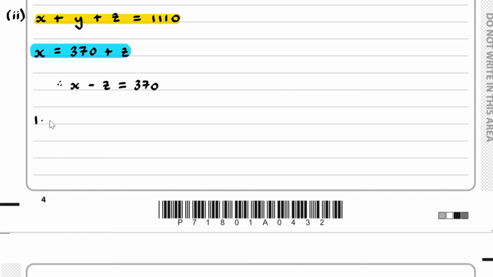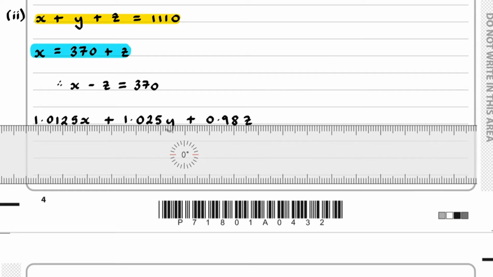Then we have 1.0125x plus 1.025y plus 0.98z. So this is considering the increases.